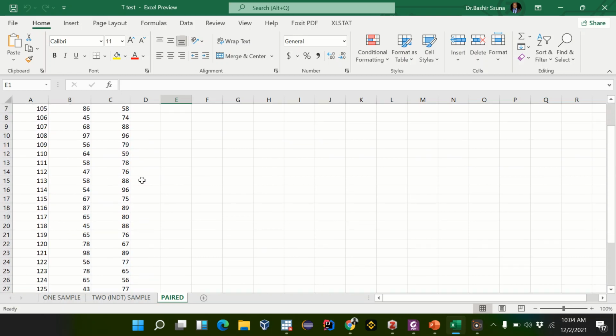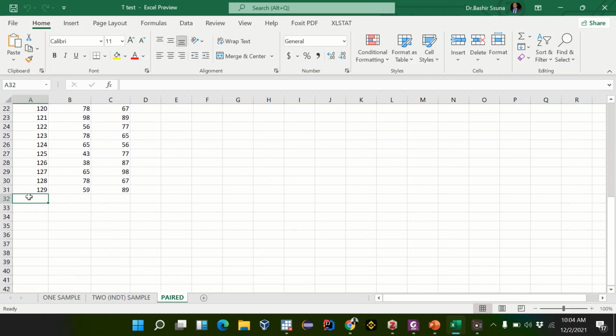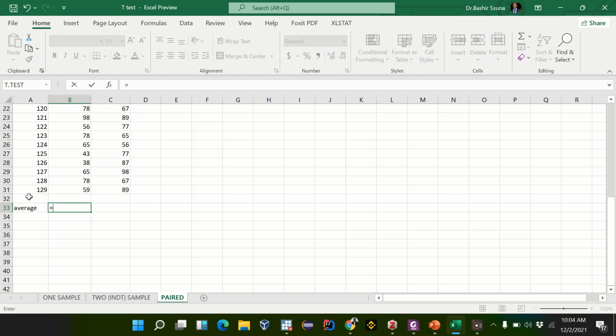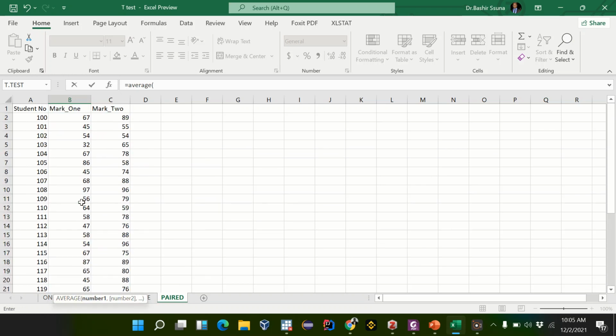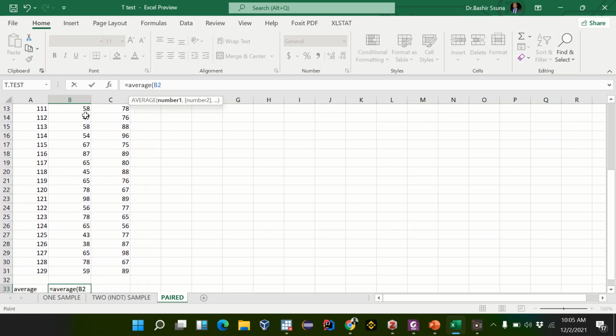But first we can get the averages. We want to demonstrate something. So the average of this, we shall say equals average of B2.